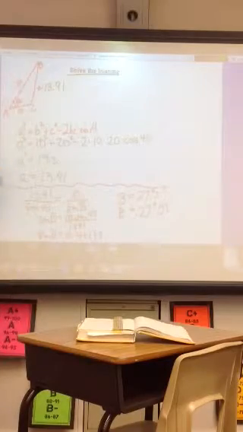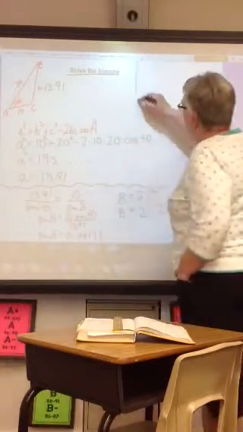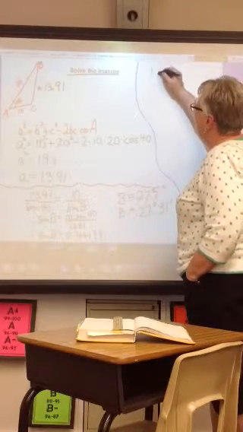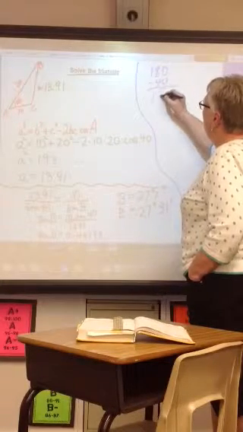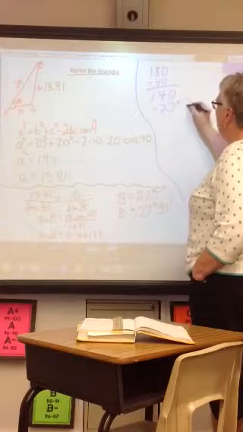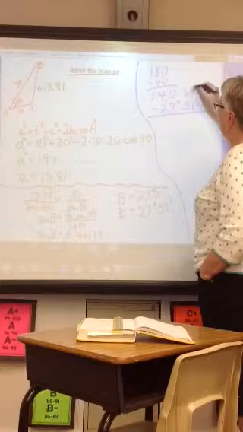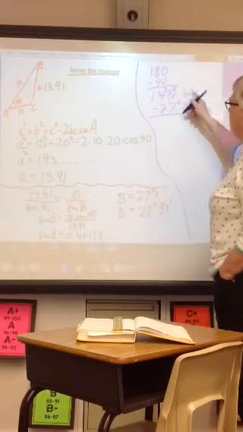Now, to find angle C, I know that all three angles add up to 180, so I'm going to take 180 minus 40, and then I'm going to take it minus the 27 degrees, 31 minutes. Well, I'm going to have to borrow and get 60 minutes, so this becomes 139.60.